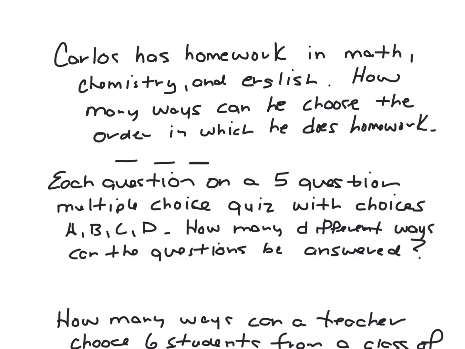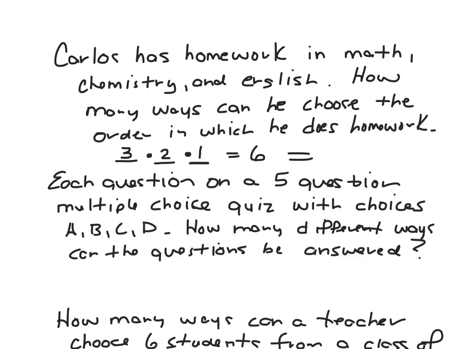He has to determine which homework will he do first. I'm sure he'd do math, but he would have 3 choices for his first event. His second event is what would he do second. He would have 2 choices left for that. And then what homework would he do last? He'd have 1 choice. I would multiply these together and we would get 6.